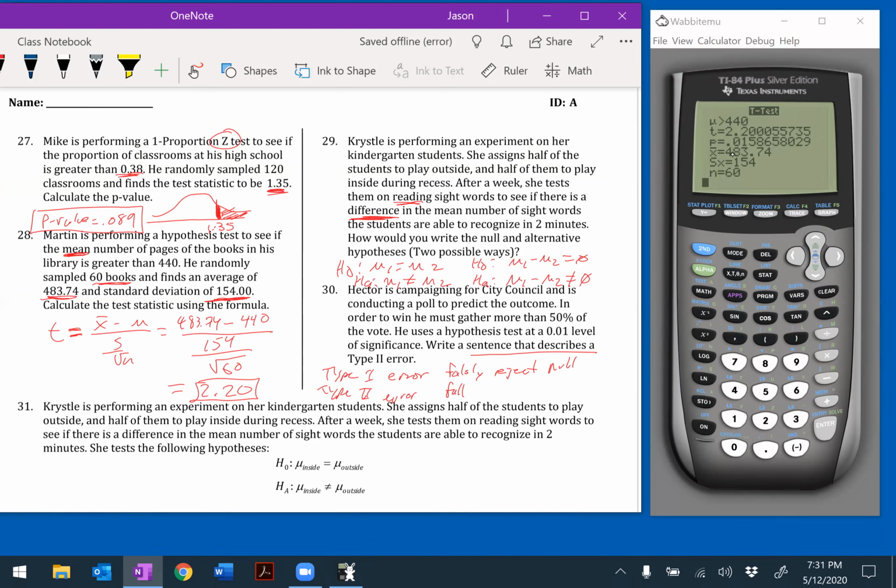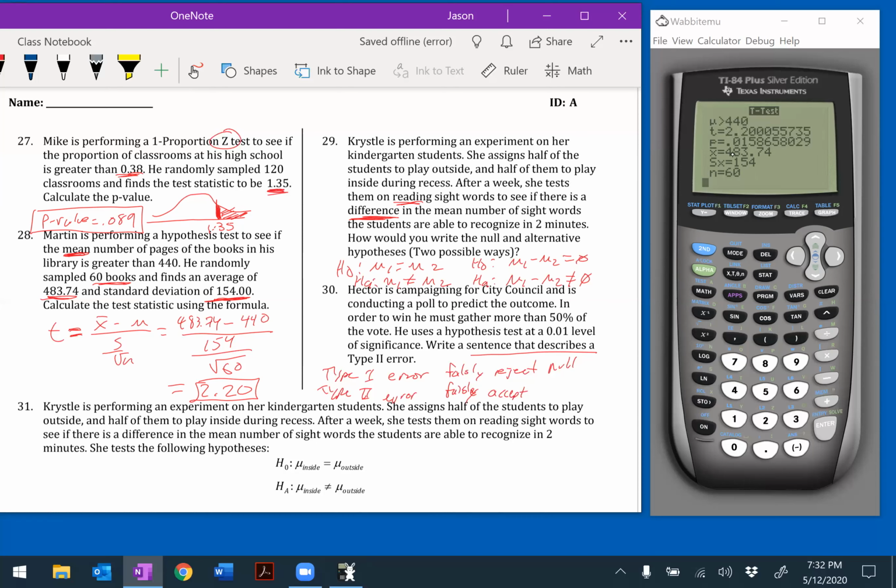is to falsely fail to reject the null or falsely accept the alternative. Wait, is that the same thing? Let me think about this for a second. Falsely reject the null, and then there's falsely fail to reject the null.